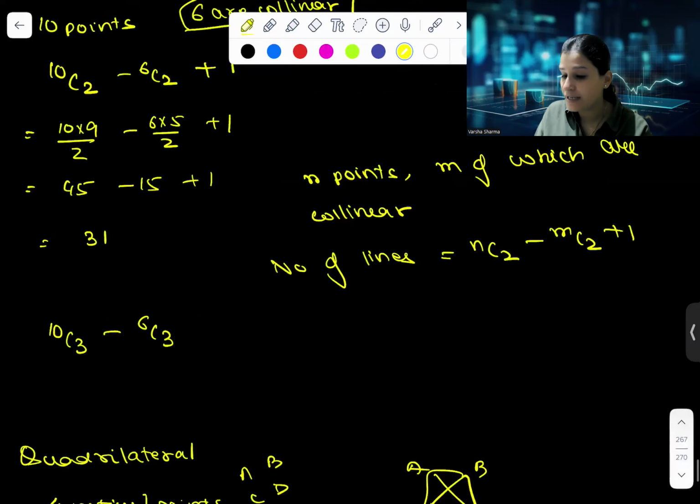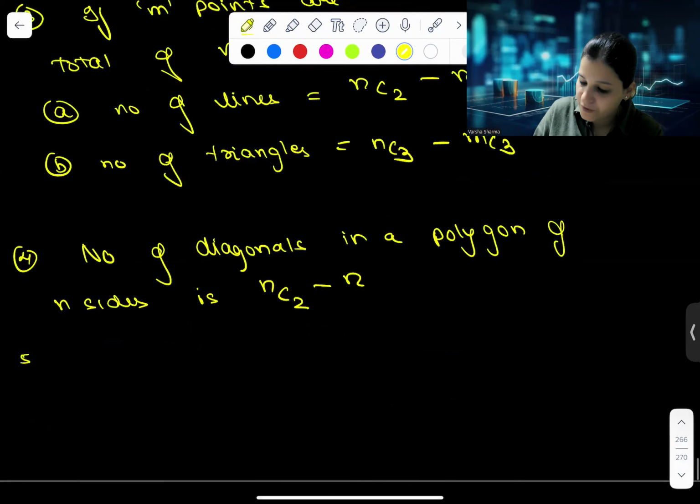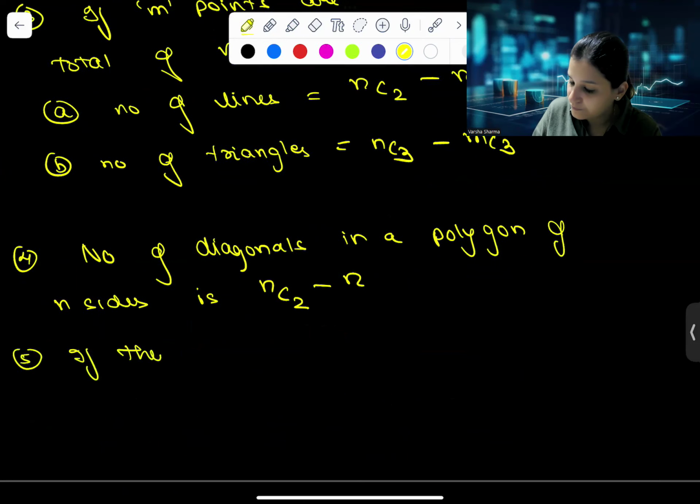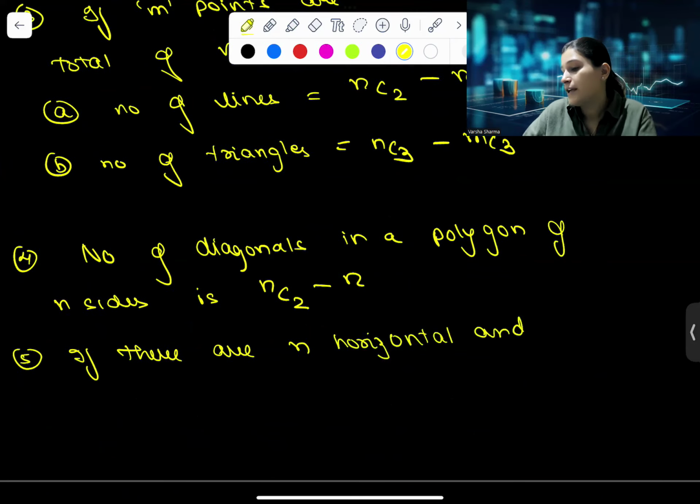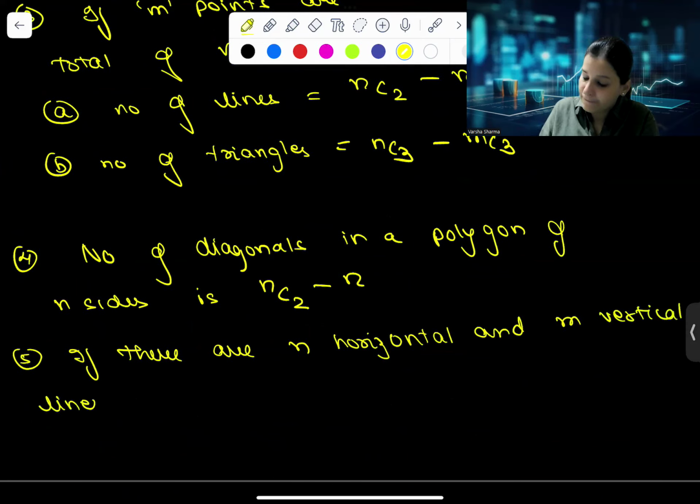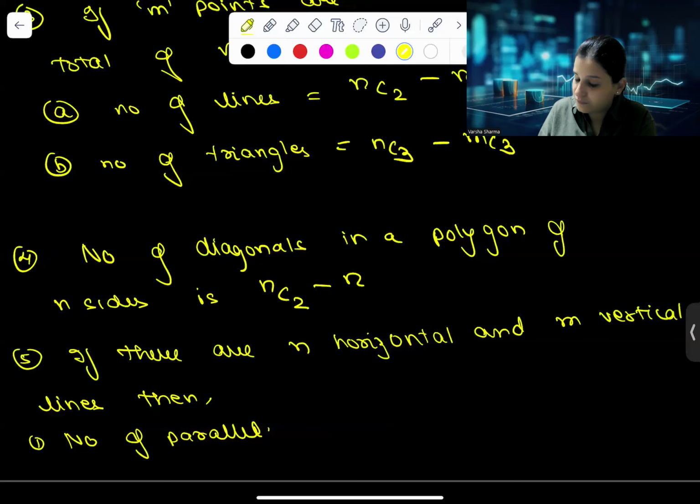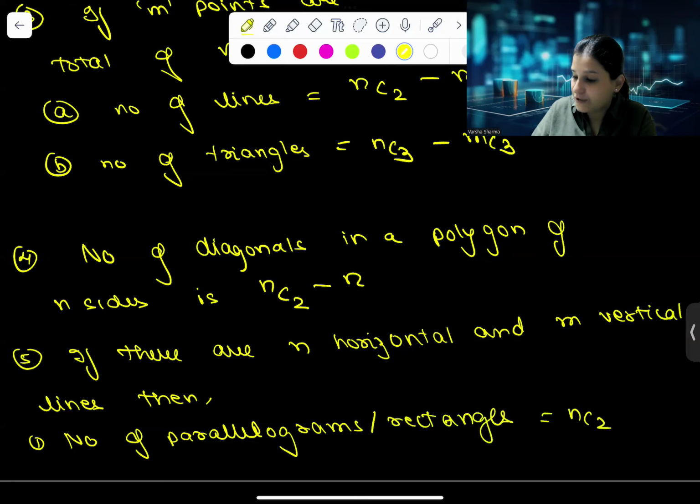So if I have horizontal and vertical lines, if there are n horizontal and m vertical lines, then the number of parallelograms or rectangles would be nC2 multiplied by mC2.